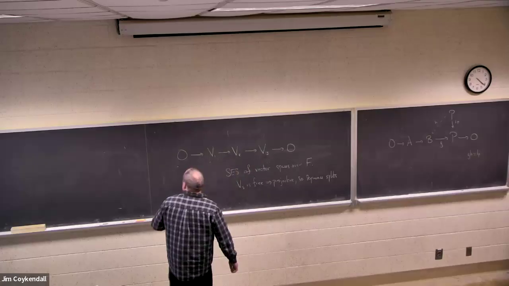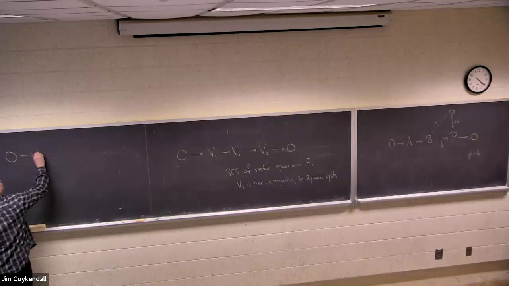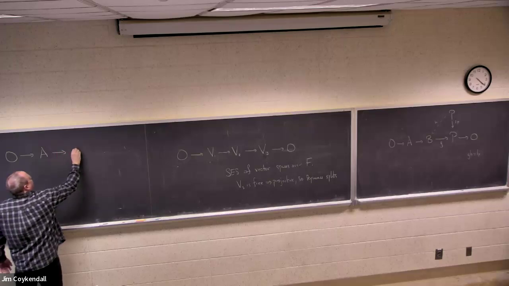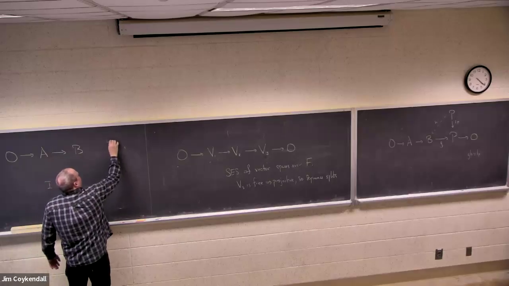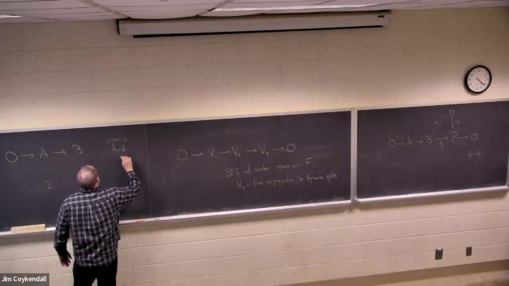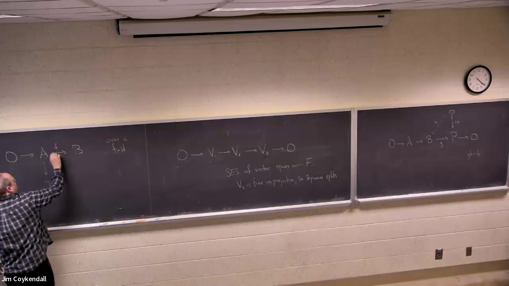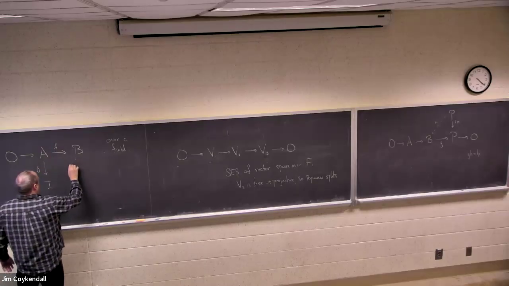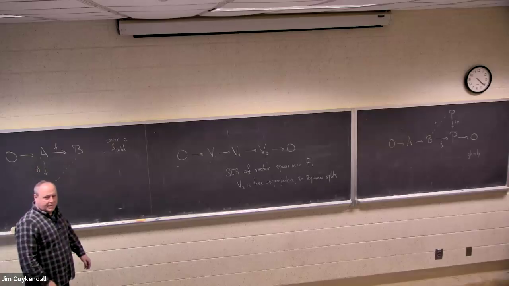But you can do it this way as well. We need to build H. Now let's suppose that we're over a field. Any ideas on how we might do that?